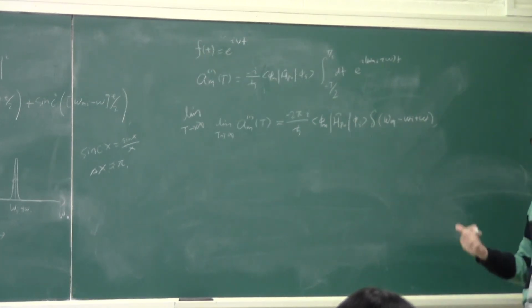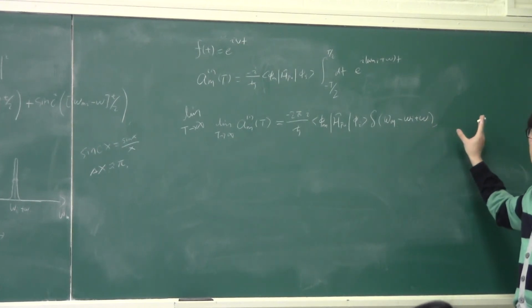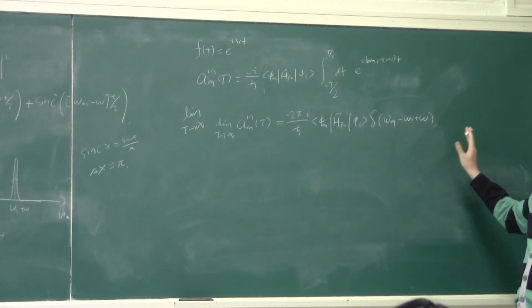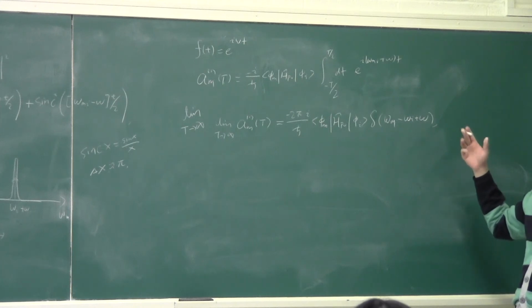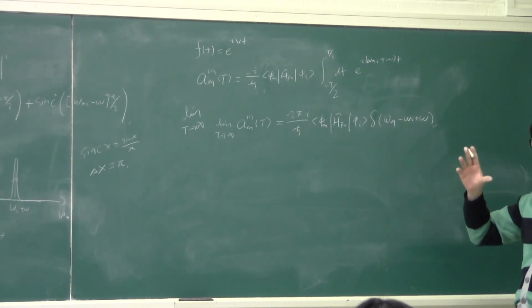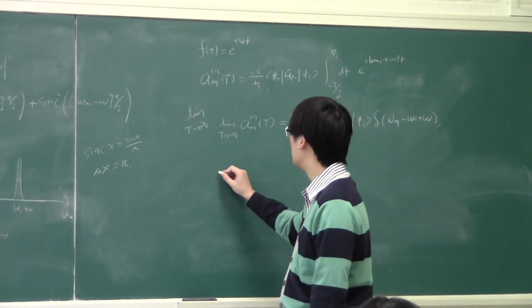Now if I were to magnitude square this thing, what's the problem? I get a square of a delta function. A delta function is only defined when it is inside an integral, and if you have a square of a delta function, you need two integrals to really make sense. So that's not good.